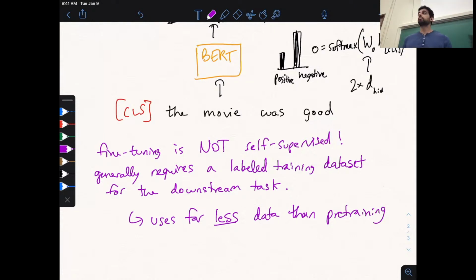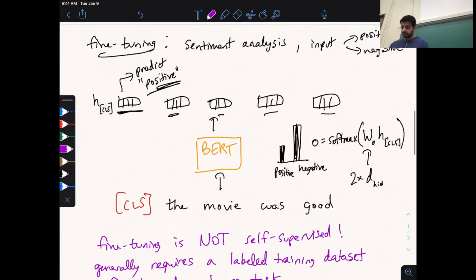Yes? When you do fine-tuning, how much does it affect the language model? Yeah, so the question is, if we do fine-tuning, let's say on sentiment, how does that affect the performance of the language model itself on its pre-training objective, like masked language modeling? It's a good question. So let us look at the gradient flow through this fine-tuning process.